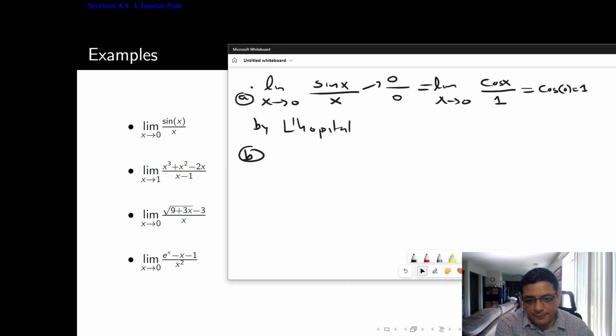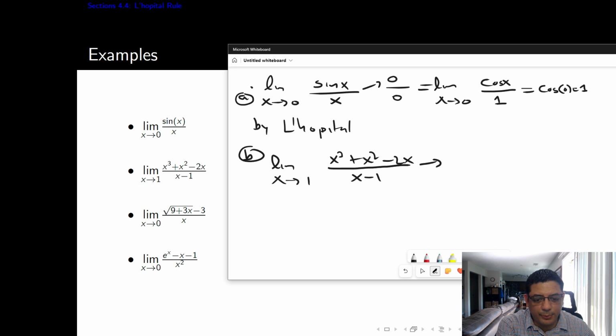Now b is the limit when x goes to 1 of x cubed plus x squared minus 2x over x minus 1. Again, if you plug directly in 1, notice that this is 1 plus 1 is 2, minus 2 is 0. So this is also of the shape 0 over 0.